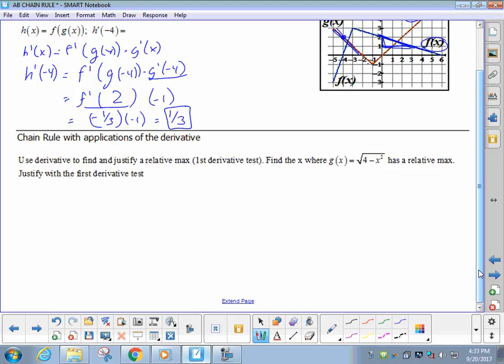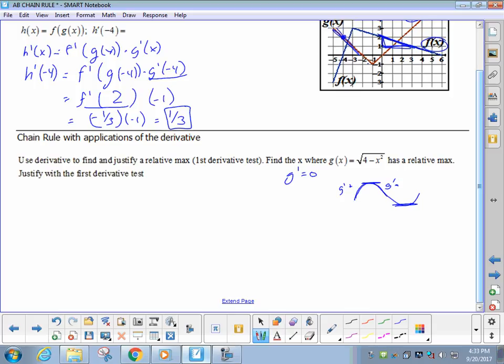Okay, then. Last but not least, using the chain rule with a relative maximum. So we've been doing this this week, relative max. I want to start by finding where the graph goes flat, because that's a candidate for a min or max. Now, a graph goes flat if the derivative is 0. So I'm going to find where g prime is 0. And then after that, I'm going to sign test around the g prime equals 0 to see if g prime is positive before and negative after, indicating that g was increasing then decreasing, so I get a max.